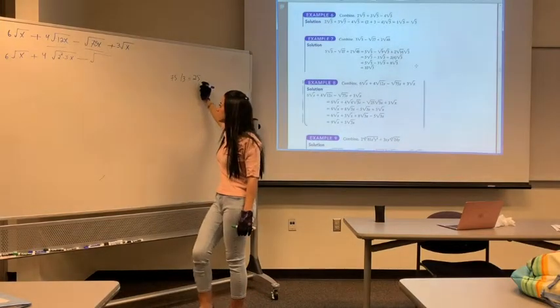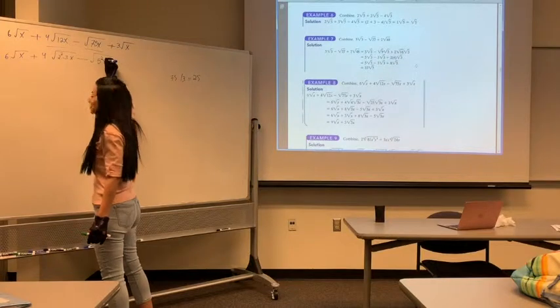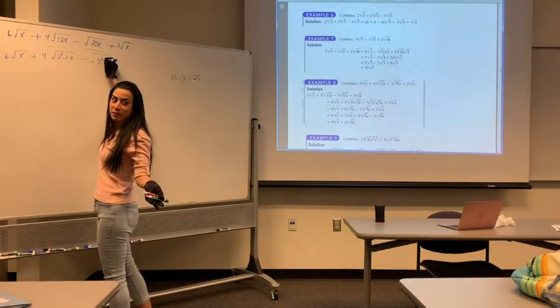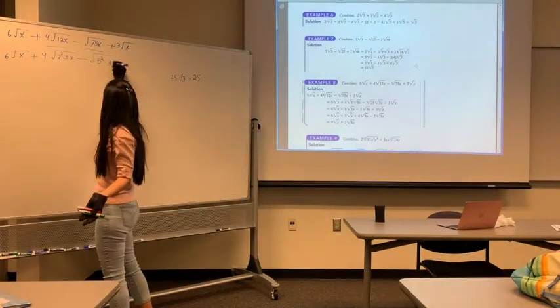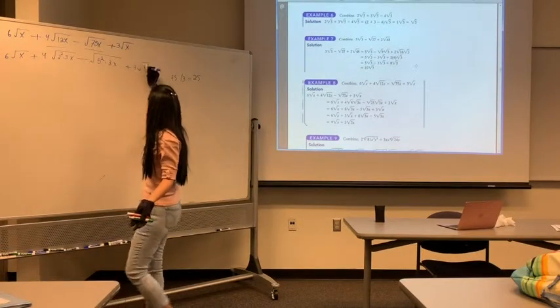25. Okay? So we write down 5 power 2, because 5 power 2 is 25, right? Multiplies to 3x plus 3 radical x.